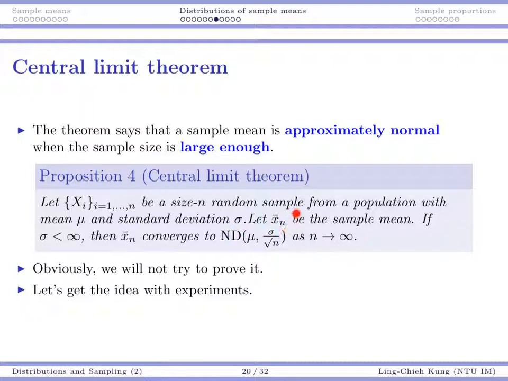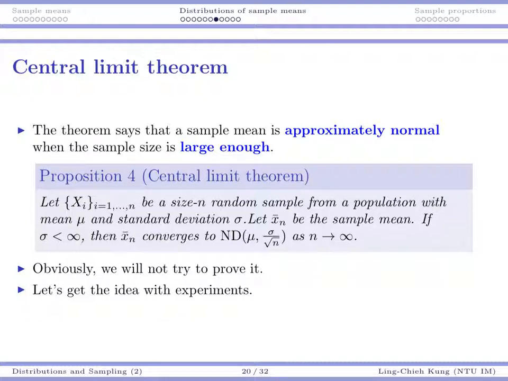If we let x bar n be our sample mean, then as long as the variability of the population is finite, when your sample size goes larger and larger, your sample mean would be closer and closer to a normal distribution. That's what we get from central limit theorem.